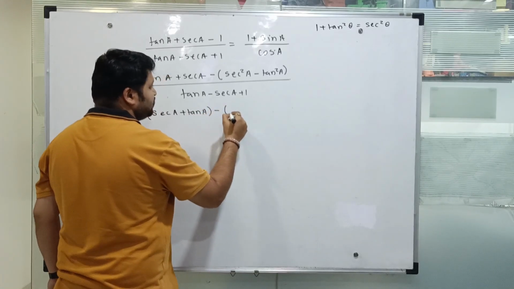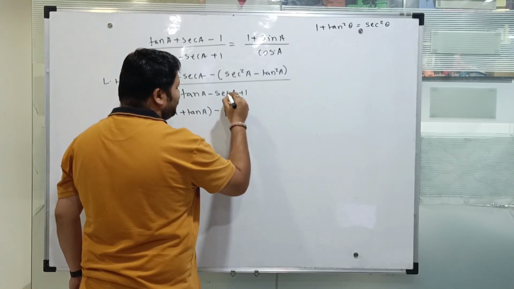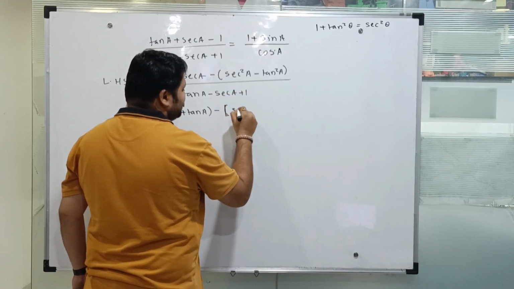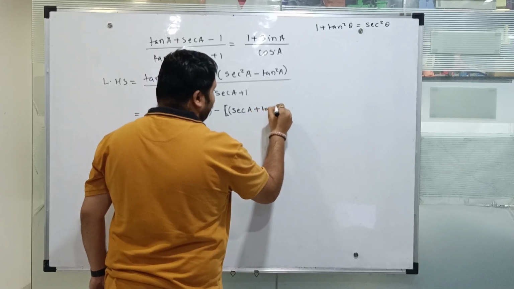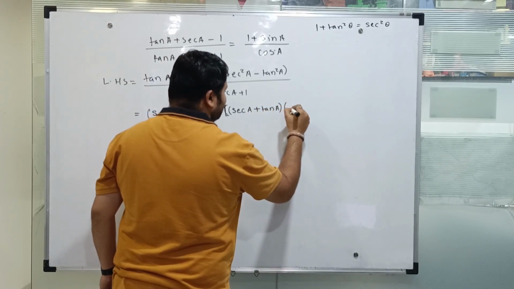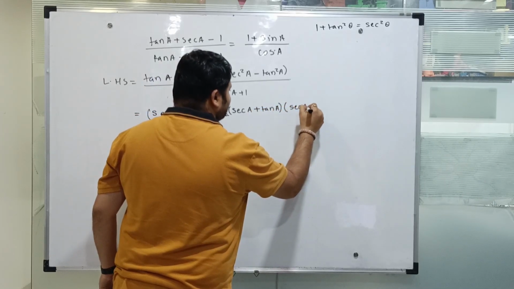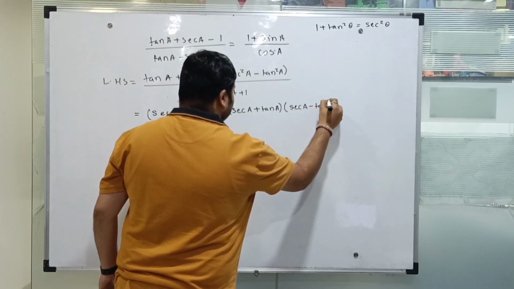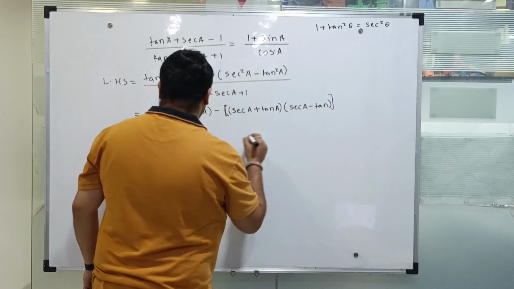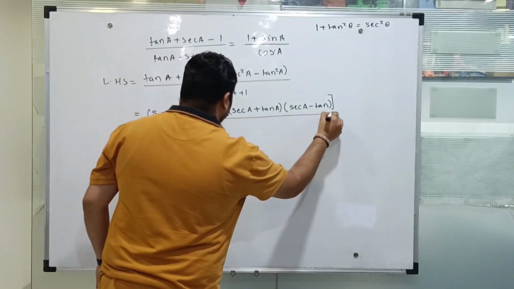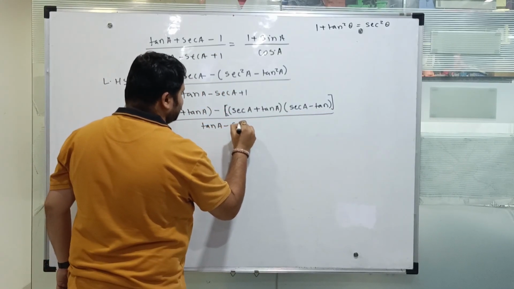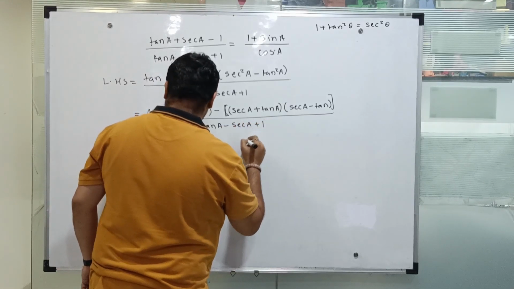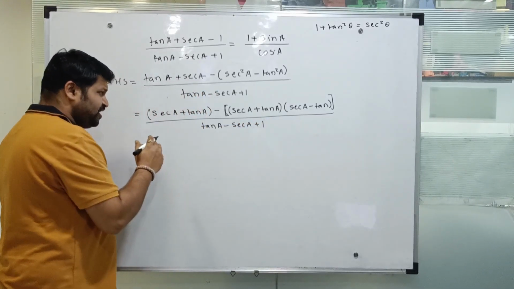minus, now this I can open up as sec A plus tan A multiplied by sec A minus tan A, and the whole thing divided by tan A minus sec A plus 1. What would it give me?